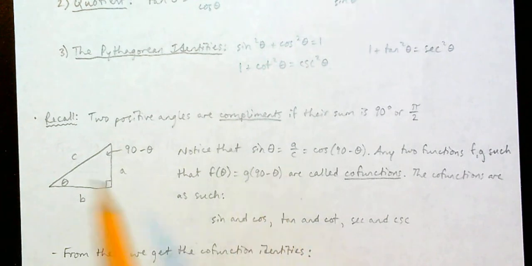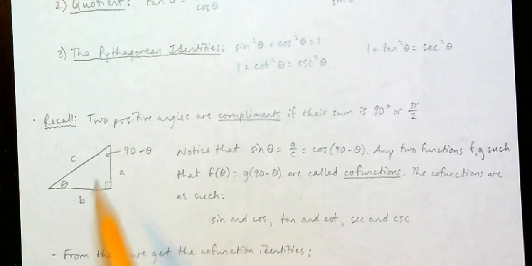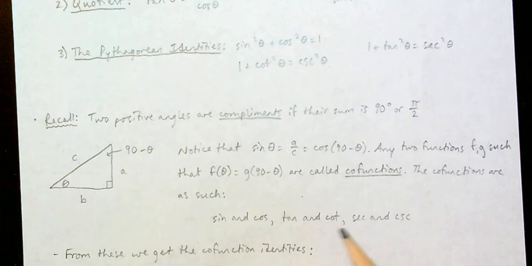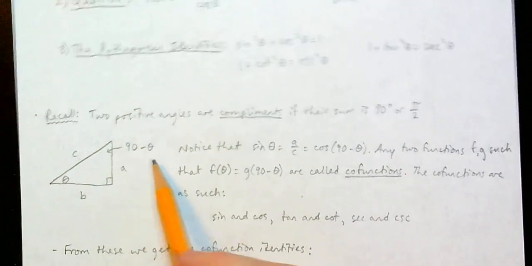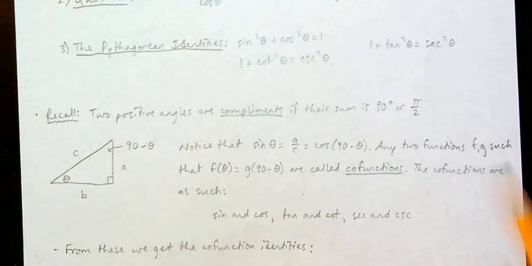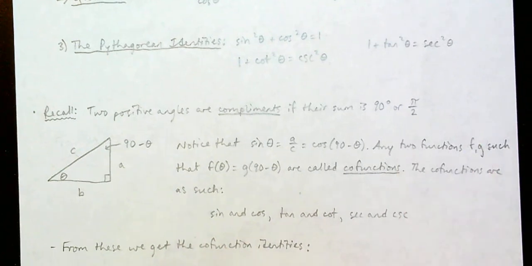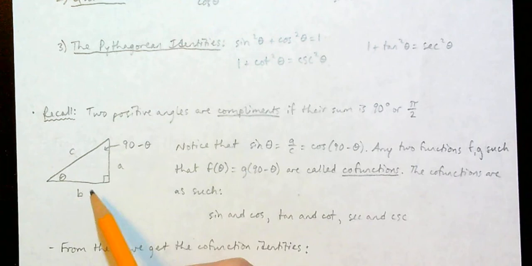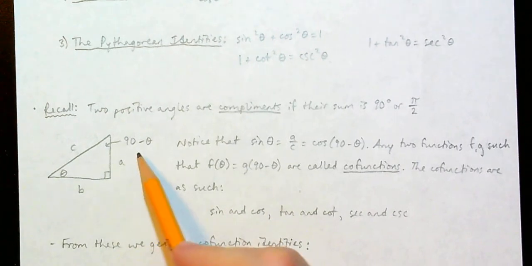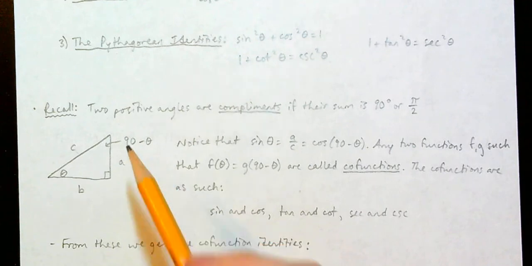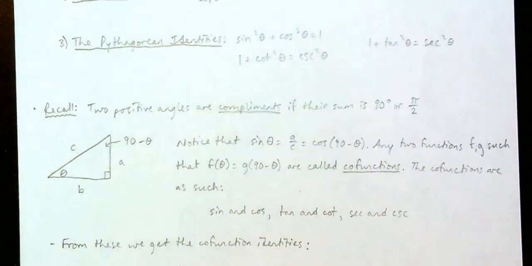So note that sine of theta, which is a over c, is equal to the cosine of this angle here. It's equal to the cosine of 90 minus theta. Similarly, the cosine of theta, b over c, is equal to the sine of 90 minus theta. And there's a special term for functions like these.